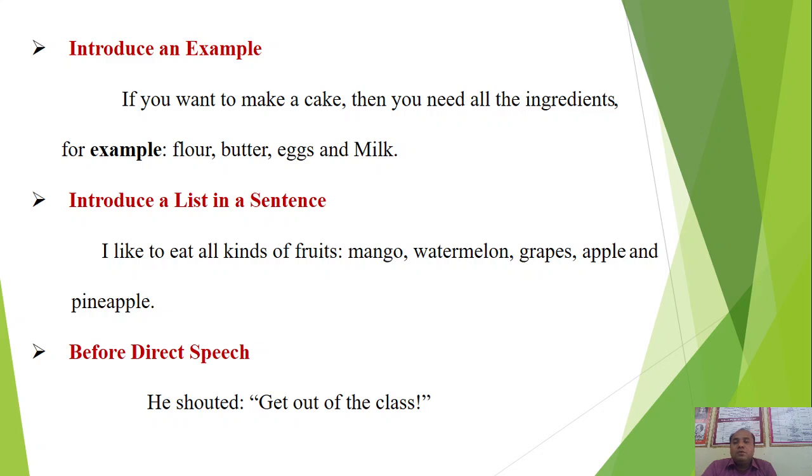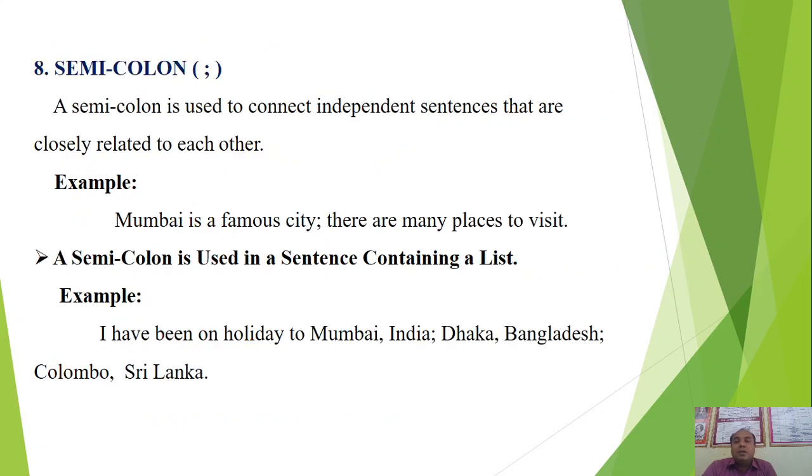We also use a colon before direct speech. He shouted: "Get out of the class!" Here you can see before direct speech there is a colon, and the direct speech is put in inverted commas with the exclamation mark.